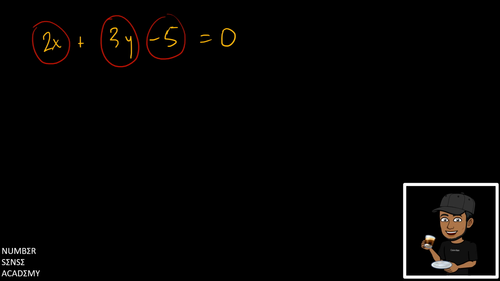We'll ignore the 0. For term 1, we have one variable. For term 2, we have one variable. And for term 3, we have a constant.